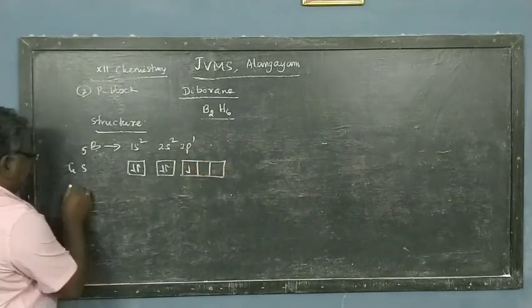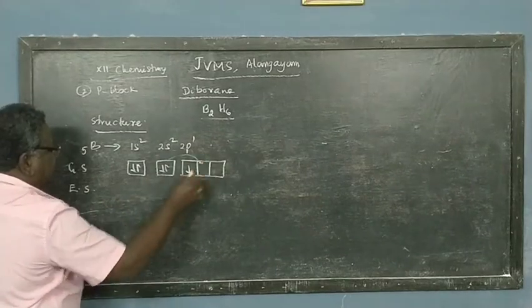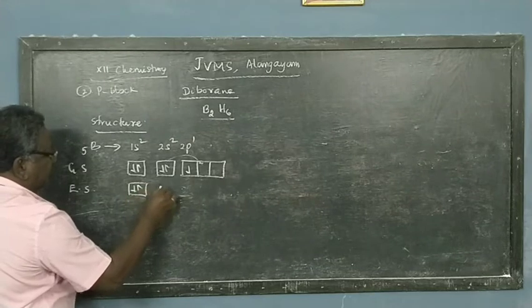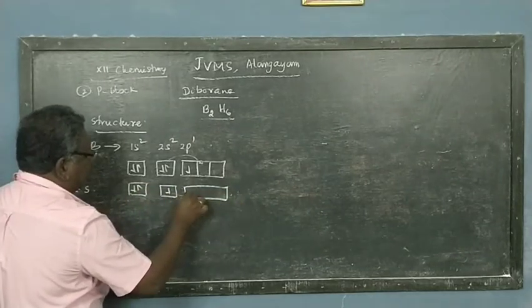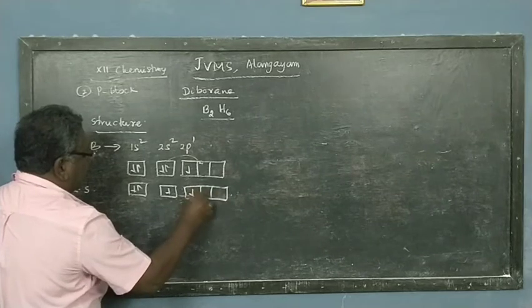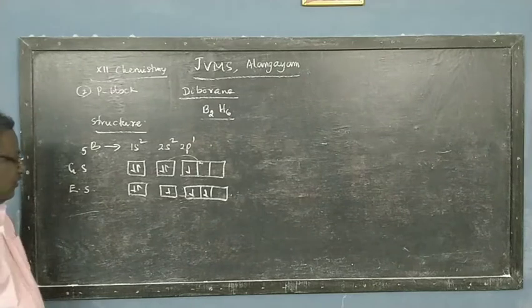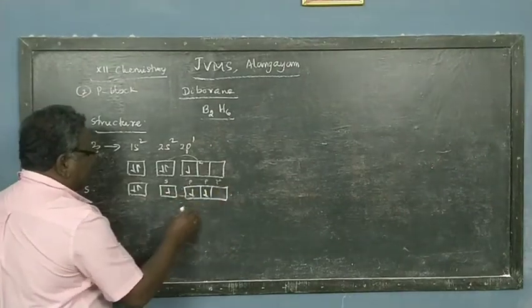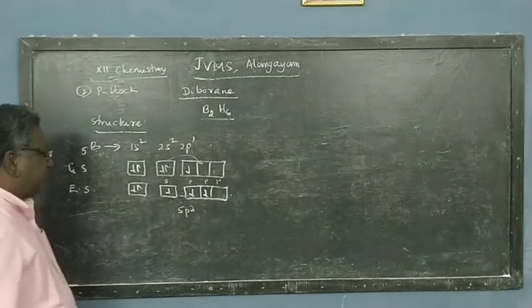In the excited state, one of the electrons will be shifted here so that it can form 3 bonds. Therefore, it has 3 unpaired electrons, and the hybridization will be sp3.